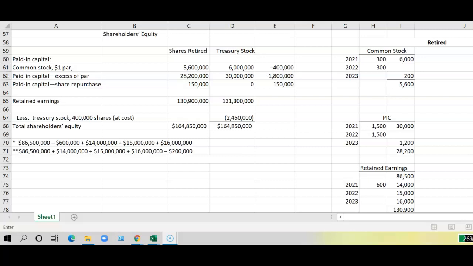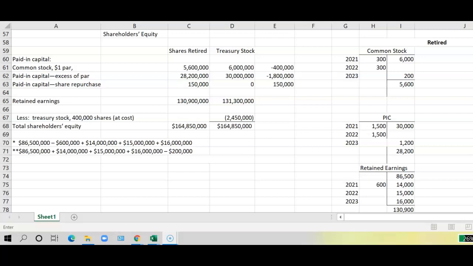Then in case B, they sold the shares for $10 million. So in this case, they would debit cash for $10 million. They would go above and look at paid-in capital shares repurchased for treasury stock, which is $2 million.